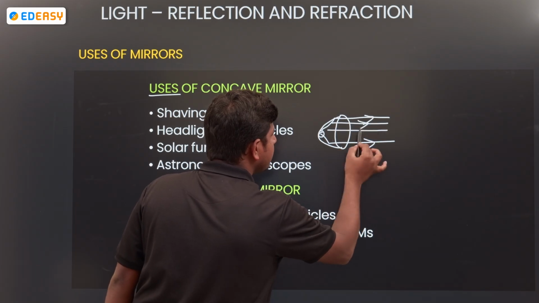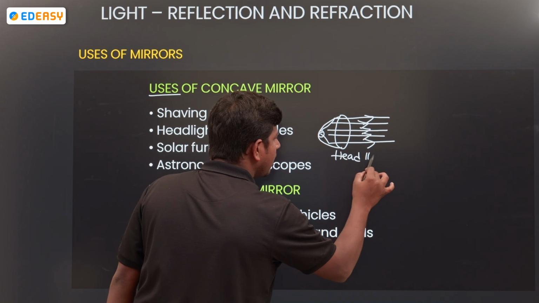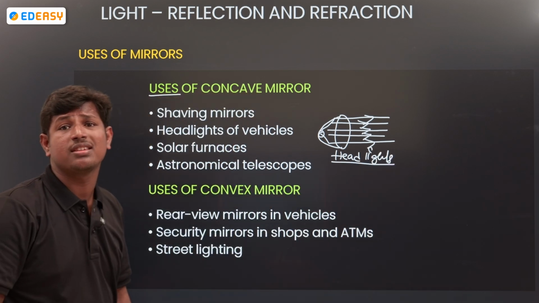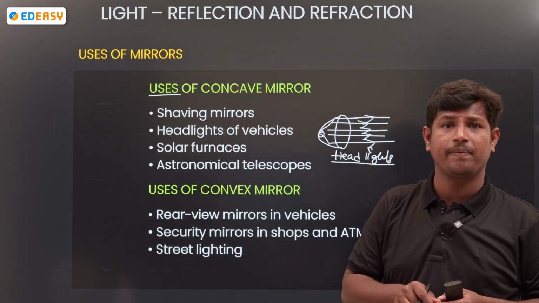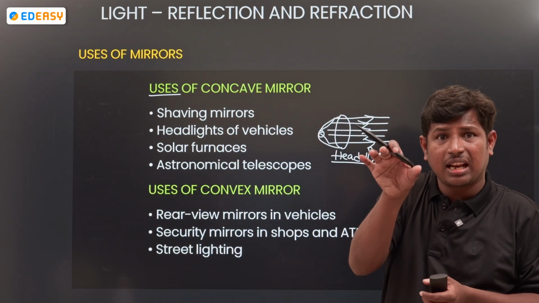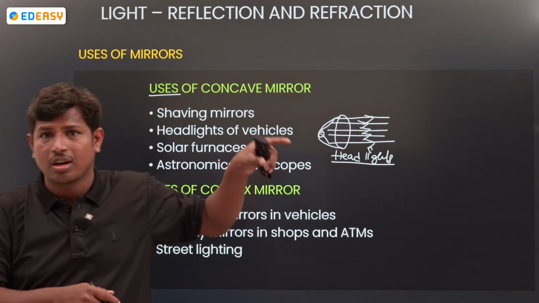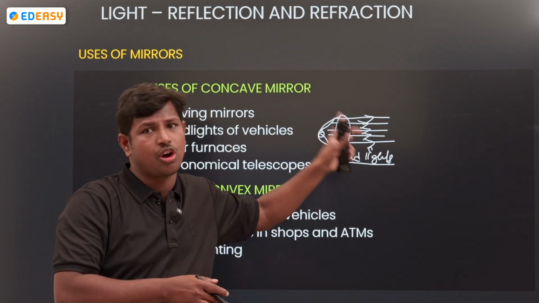Concave mirrors only are used in headlights. Next, solar furnaces, to focus the light rays at F. Astronomical telescopes also use concave mirrors.